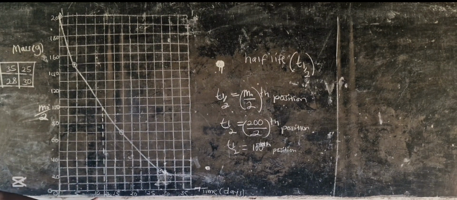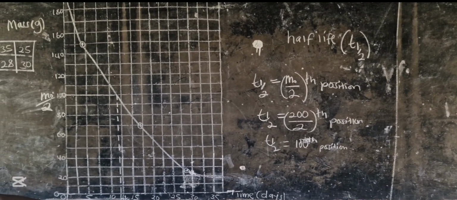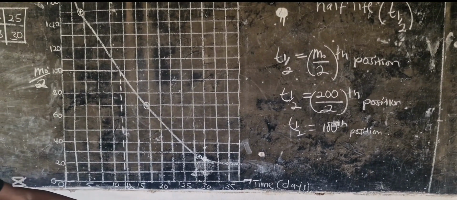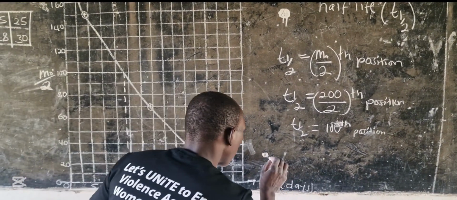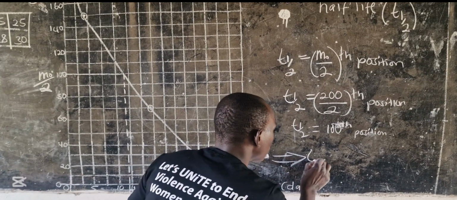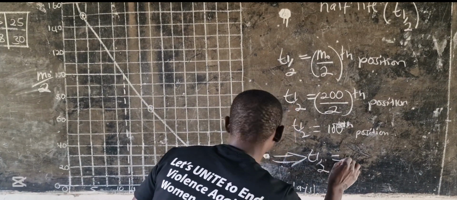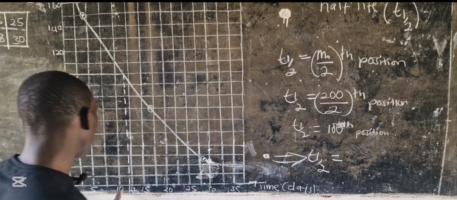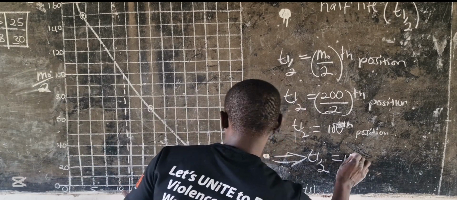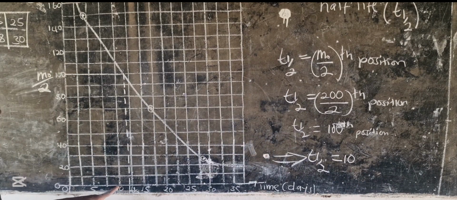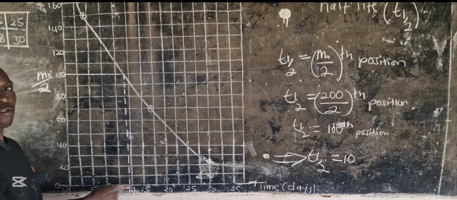Now, you use your graph to read this time here. But remember, this time is in days. So this means that the half-life T half is equal to, now this is 10 already. We have 10, but we have some small divisions here.